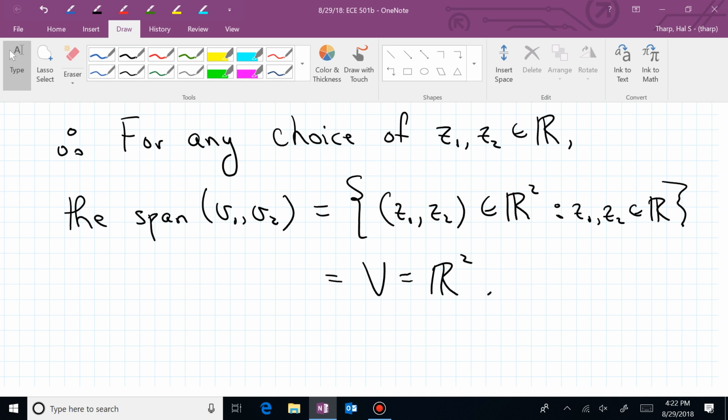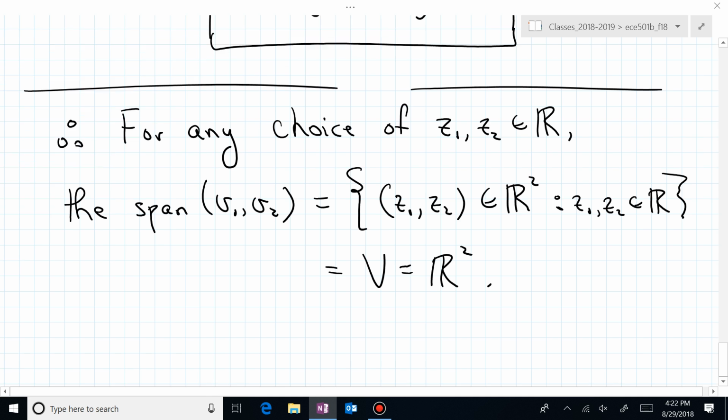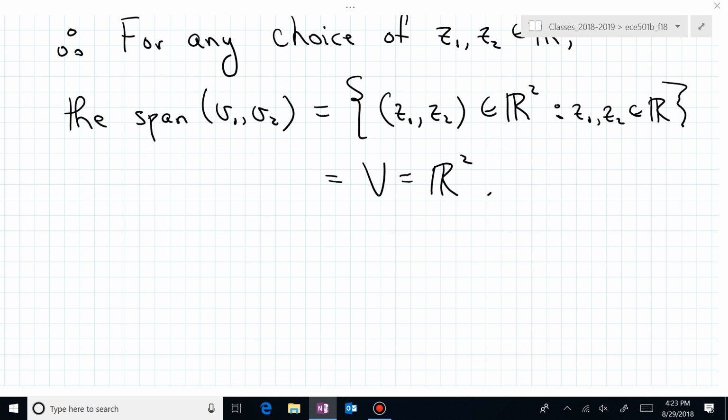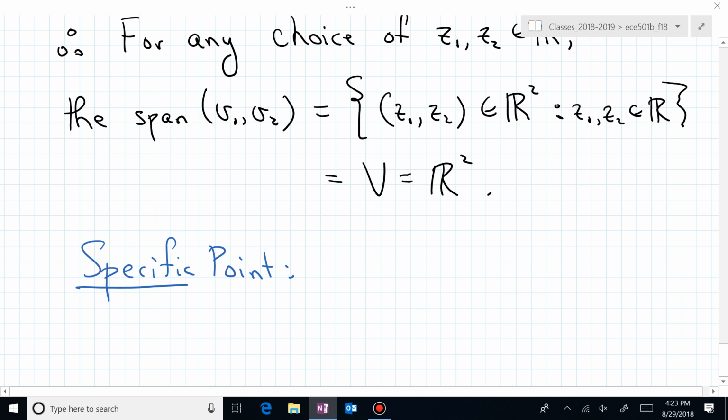If we wanted to do that for a particular point, we can. Suppose somebody says, I want you to arrive at 1, 0 in the 2 plane by some linear combination of v1 and v2.